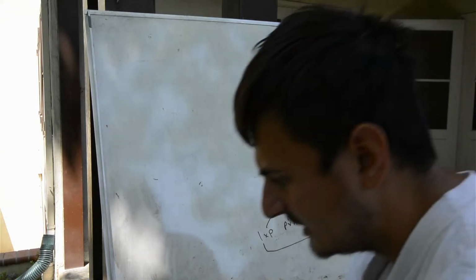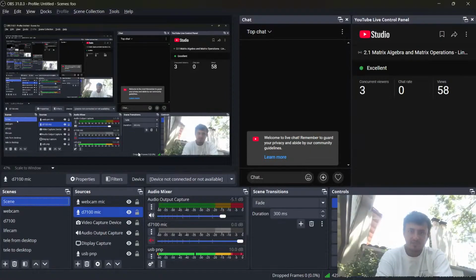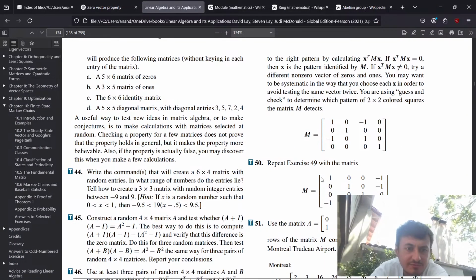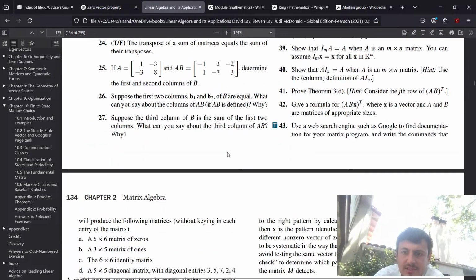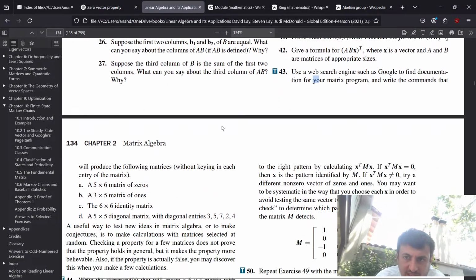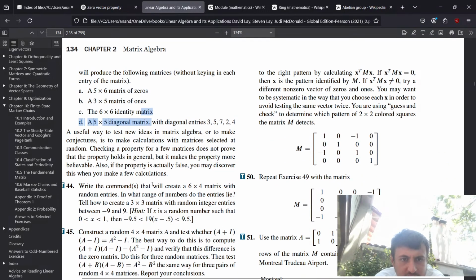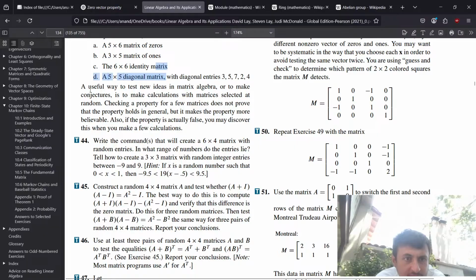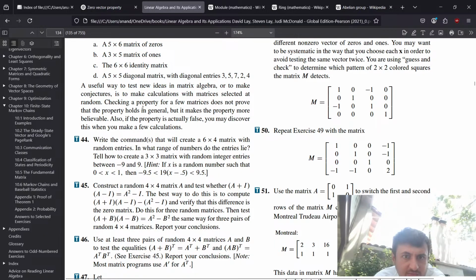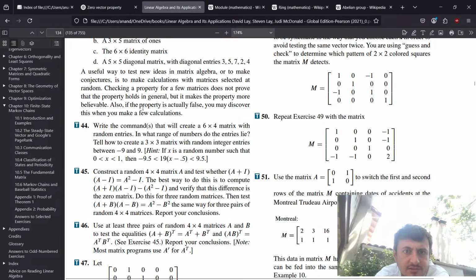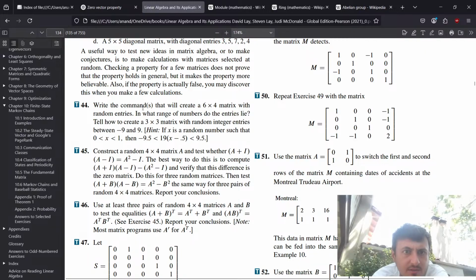They have all these applied problems in here. I like the applied problems, actually. Let's just read them, though. Okay, so the first one was use a search engine to find documentation for a programming language to be able to generate ones, zeros, diagonals. Anyways, I know how to do all that. A useful way to test new ideas in matrix algebra, make conjectures, make calculations with matrices looked at random. Checking a property with a few matrices does not prove that the property holds in general, but it makes the property more believable.